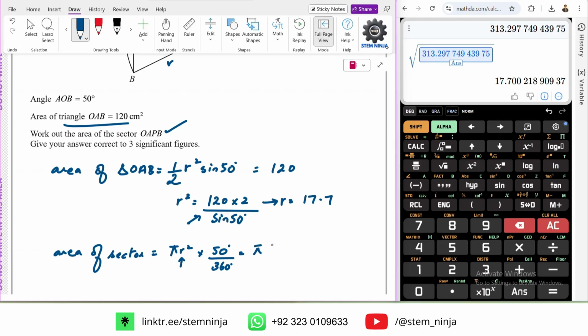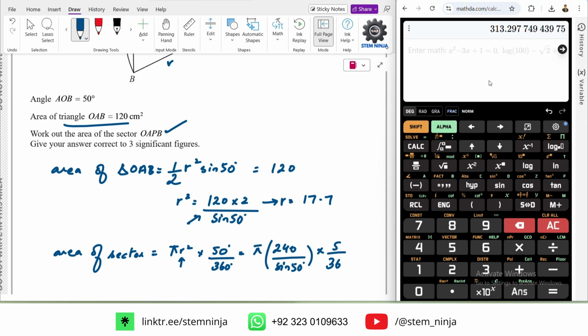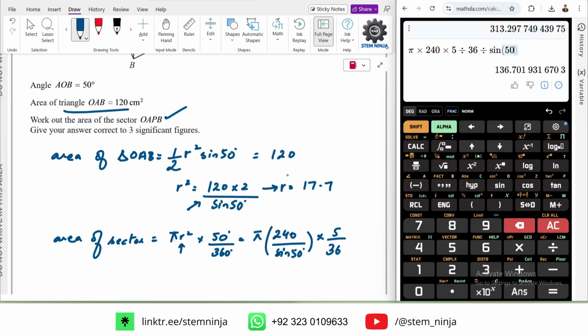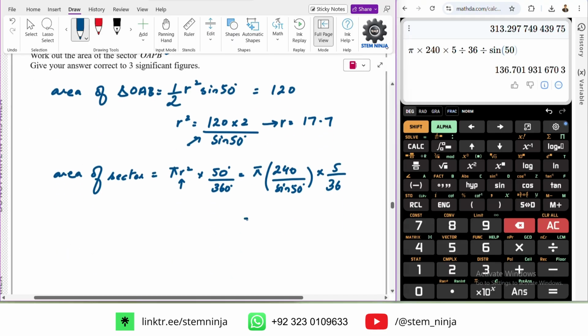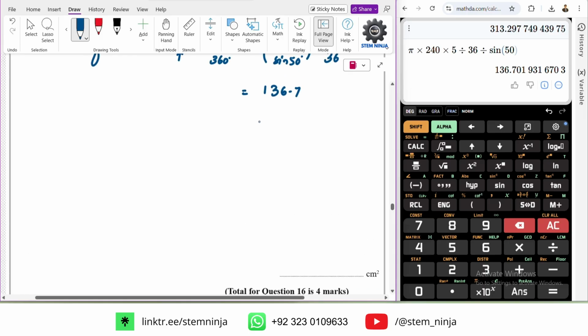So pi times 240 over sine of 50 degrees times 5 over 36. So that would have been easy. Pi times 240 times 5 divided by 36 divided by sine of 50 degrees. So this is going to be 136.7, and we need 3 significant figures, so this would be 137.